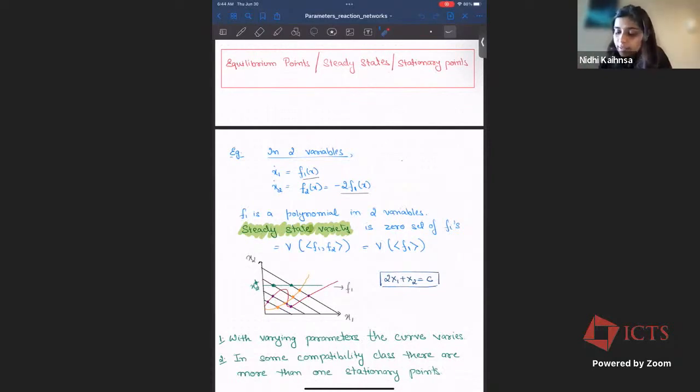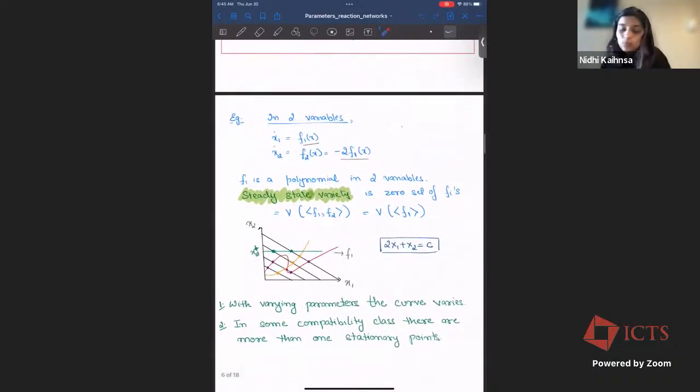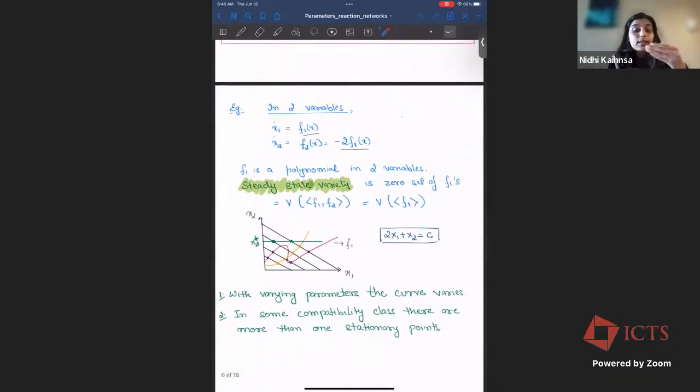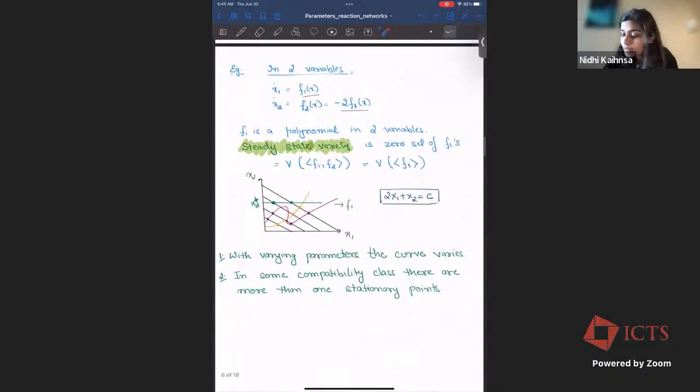But for the red curve, if I change my parameters and maybe I end up with some red curve, then we have multiple equilibrium points. So here we have 3. And this is exactly what we are interested in. This is one of the driving questions that we are interested in.